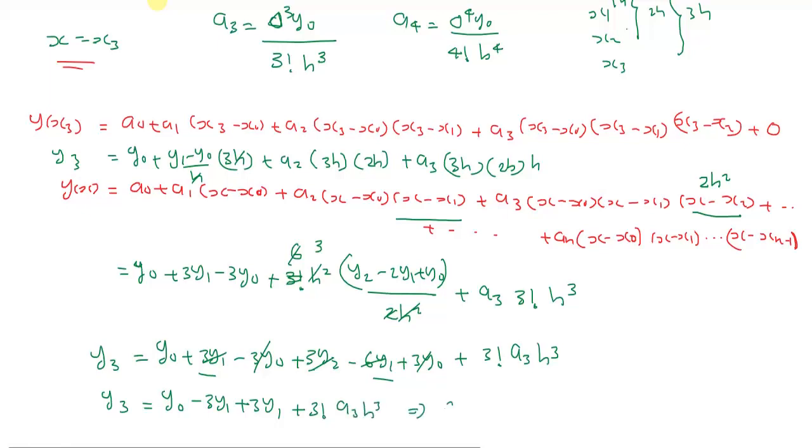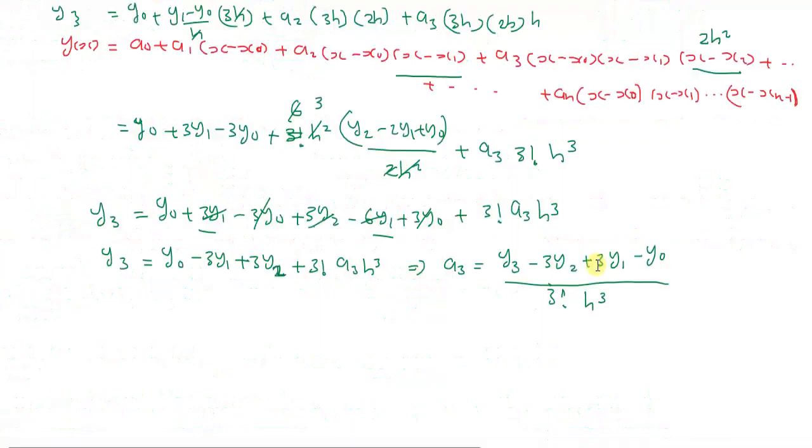So let us find out a3 from here. So a3 will be equal to y3 minus 3y2. So one term is 3y2. This will be plus 3y2, not y1 but y2. So y3 minus 3y2 plus 3y1 minus y0, divided by 3 factorial into h cube. Okay, so this is a3.